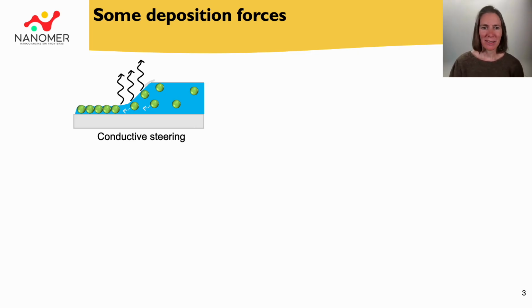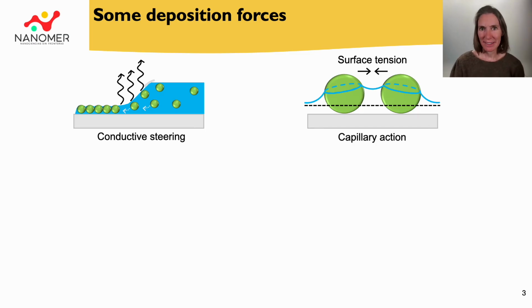We have particles that are coming towards the drying line, and they're brought because there's evaporation here, which then induces a flow of particles towards this meniscus. We also have capillary action, where the surface tension between the particles is less intense than the force on the side of the particles.